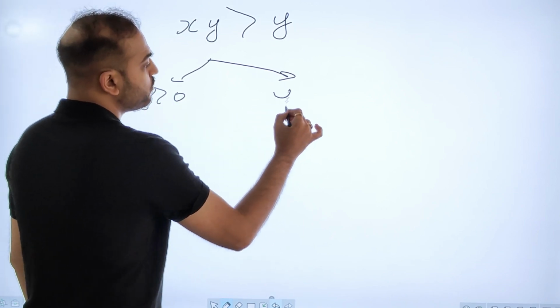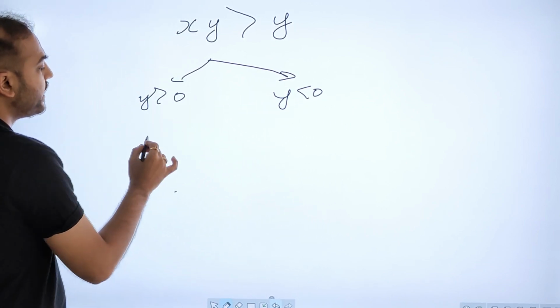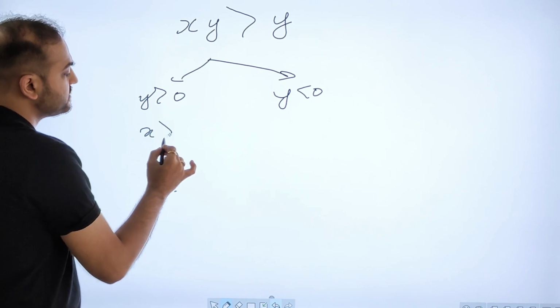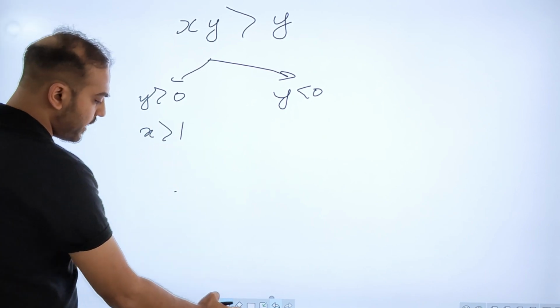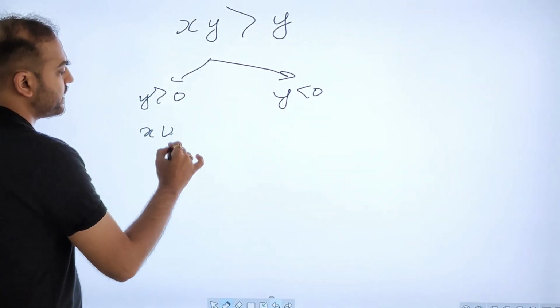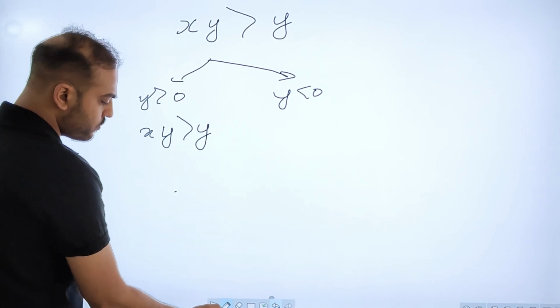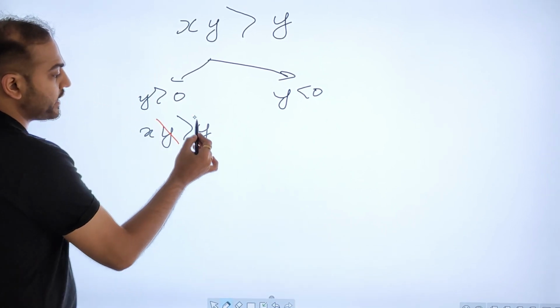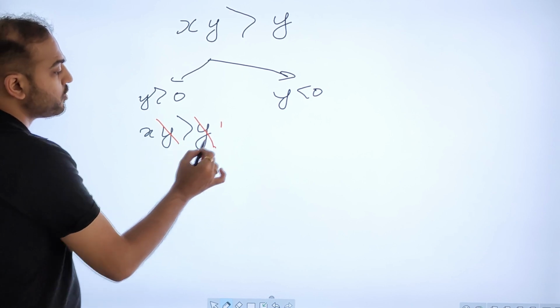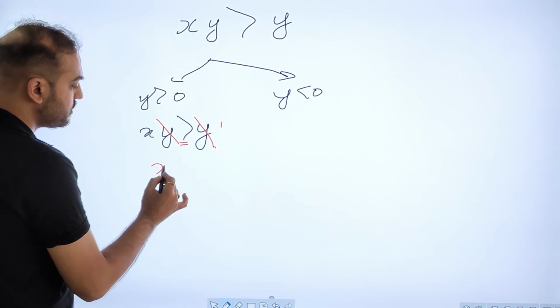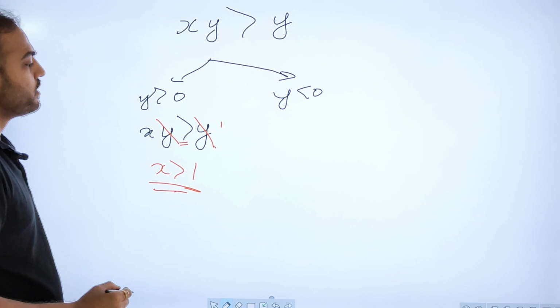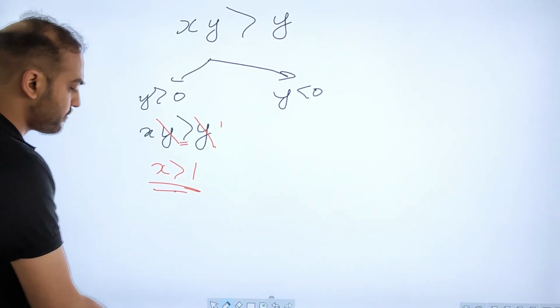Y positive, y negative. If y is positive, let me just write it again: xy is greater than y. Now you can cancel the two y's, because y is positive, so the sign will remain the same.